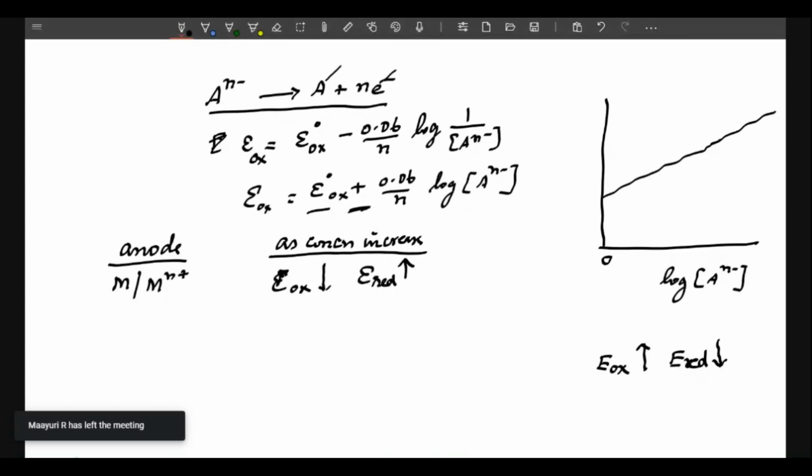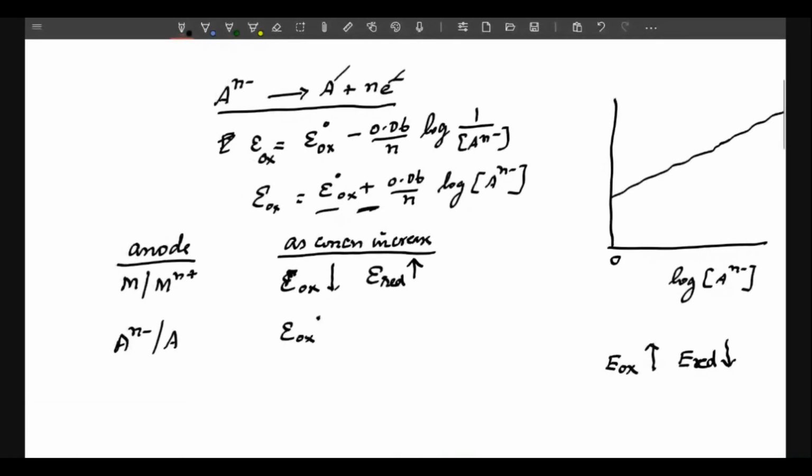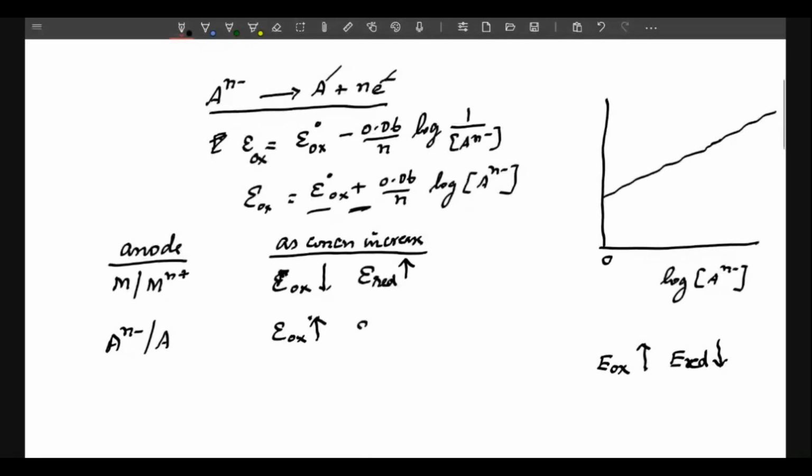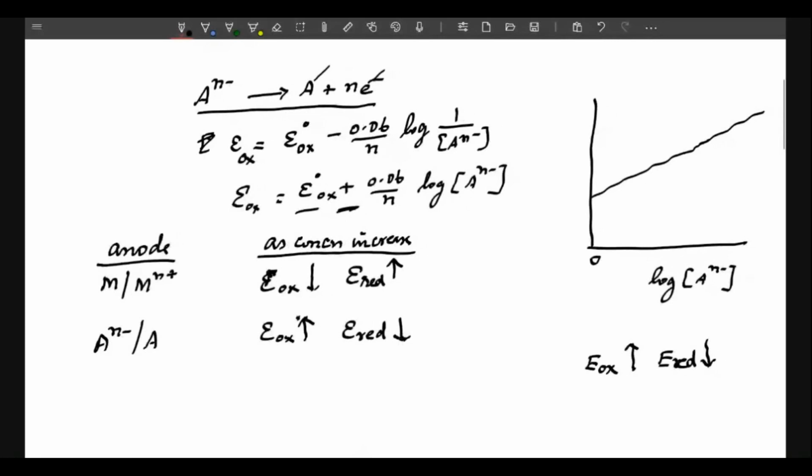For non-metals, the value of epsilon of oxidation is going on increasing, and the reduction value is going on decreasing. Keep any one of it in your mind, the other would be just the reverse of this. Okay. Similarly, you can derive the equation.